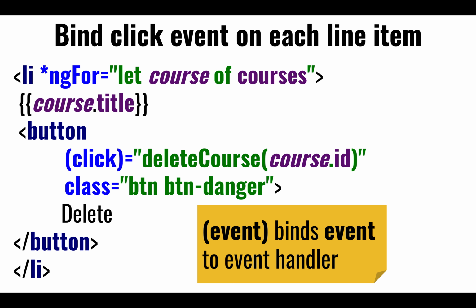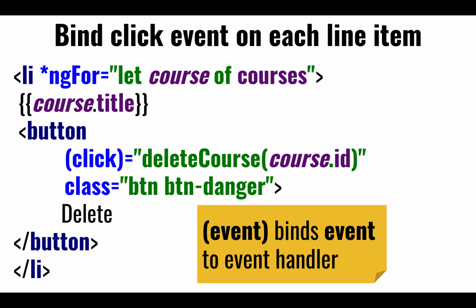If we click, this button is going to call deleteCourse, and it's going to pass as an argument the ID of the course that we're iterating over right now. Which is pretty cool. If you have 30 courses, 30 buttons, each button will remember to pass in the right value. So that's pretty cool.